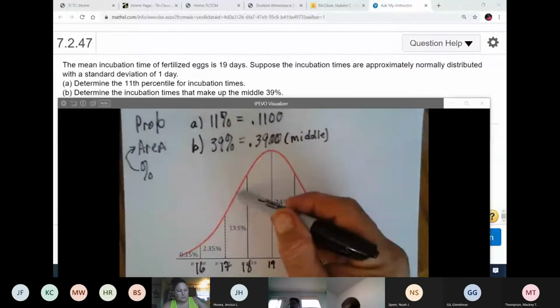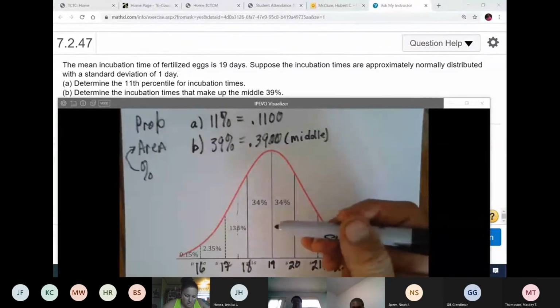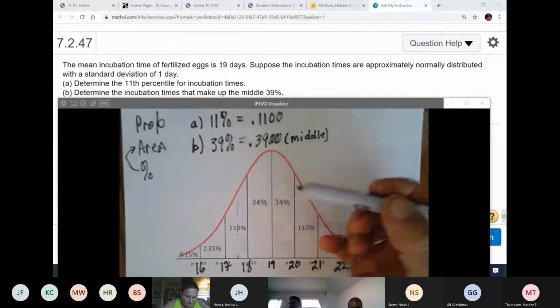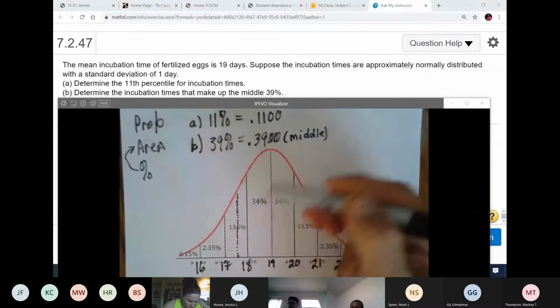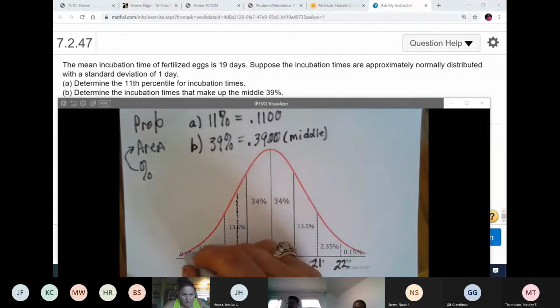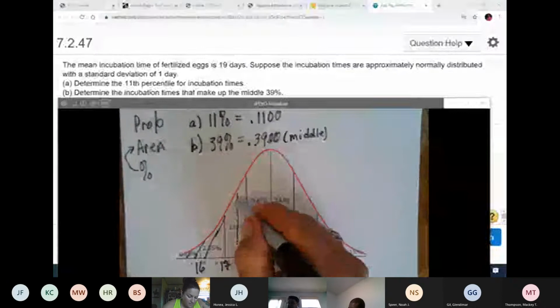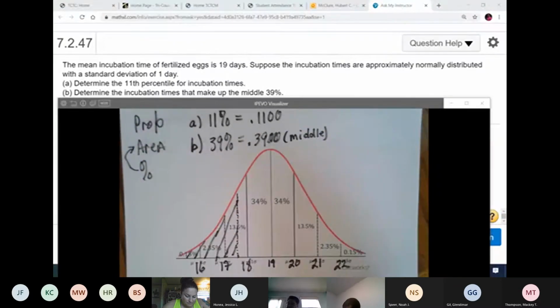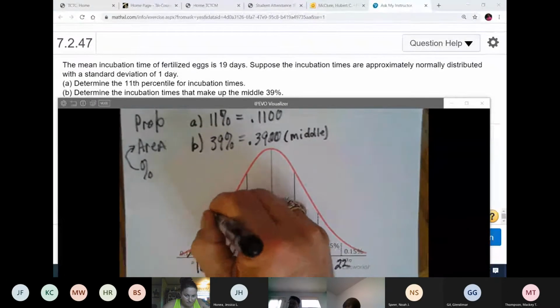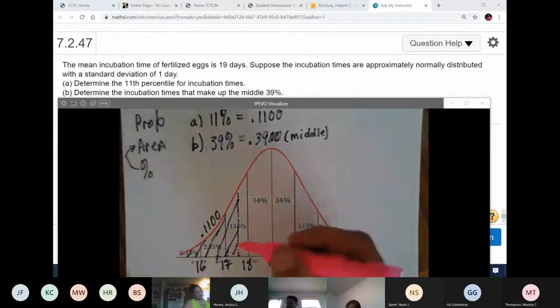Maybe 11% would be right in here. Now I'm using the empirical rule, and I'm using just my eyesight to eyeball 11%. And that's what you're supposed to be doing. You know how I used to write it out? No, you don't need to write it out. You just need to do it by eyeball. There's 11%. I'm going to put 0.1100. Now, I'm going to tell y'all a secret. This is a very simple problem.